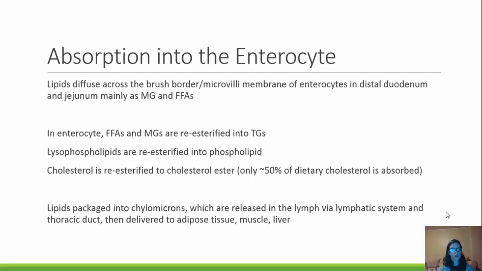So basically, we're breaking them down, allowing them to diffuse into the enterocyte, and then we're putting them all back together. And then when we put them back together, all of these constituents are packaged as chylomicrons, and these go into the lymph system, and then eventually to the thoracic duct, where they're delivered to other tissues.